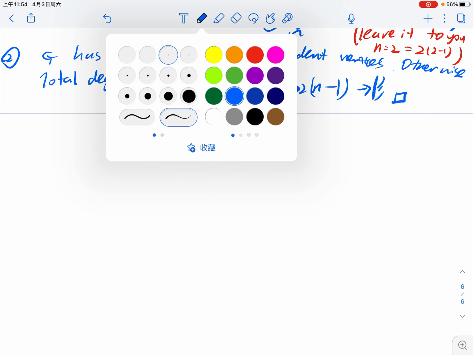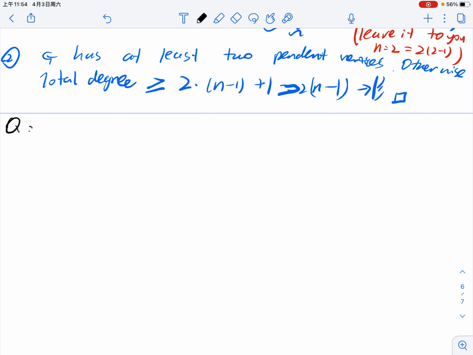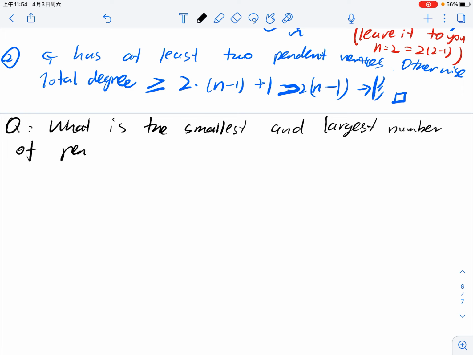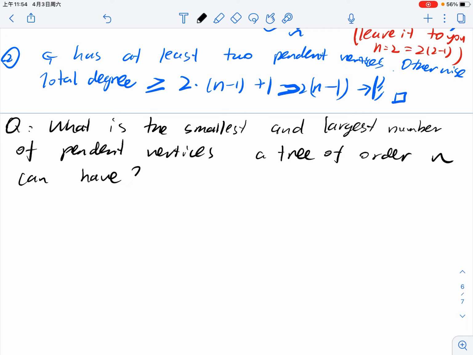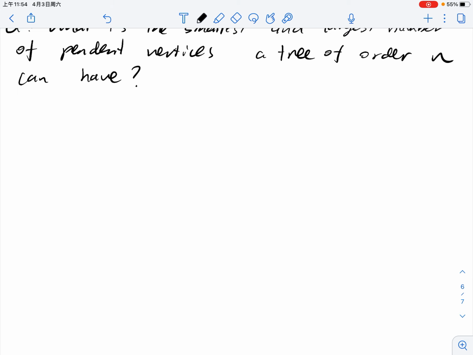Okay, after we have this bound, a natural question is: what is the smallest and largest number of pendant vertices a tree of order n can have? So you need to give some examples.